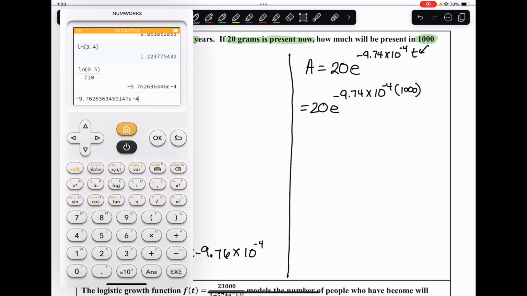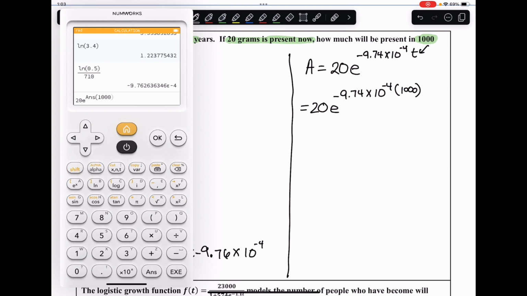So let's clear this. And 20 e to this number, this answer here, times 1,000.